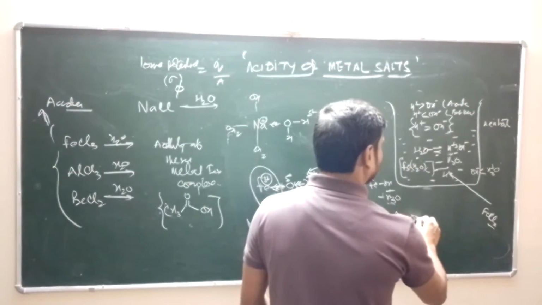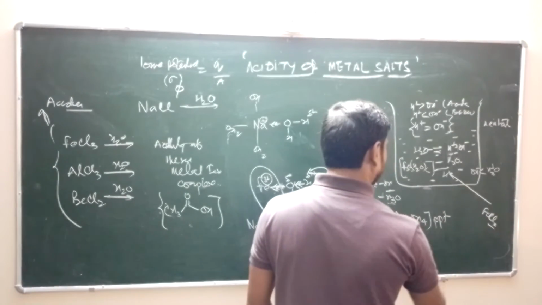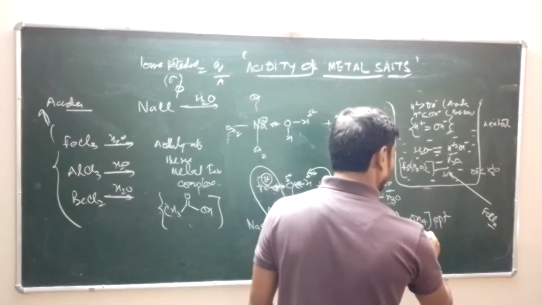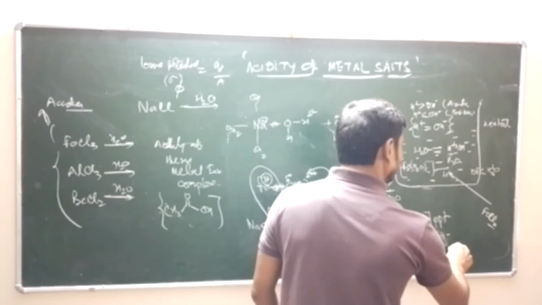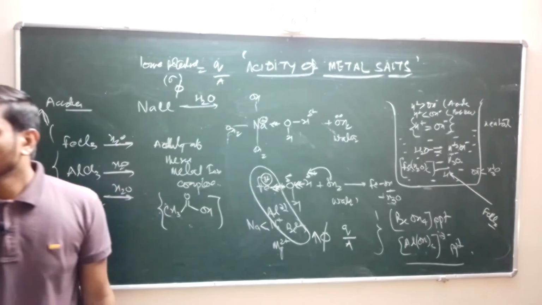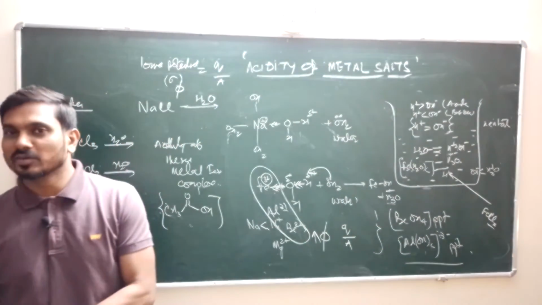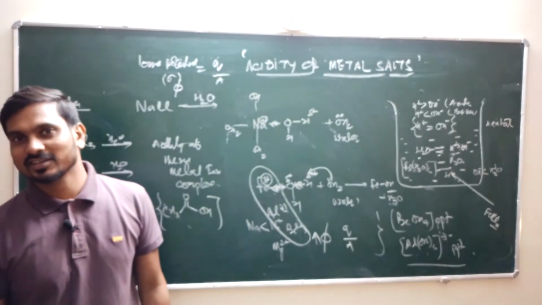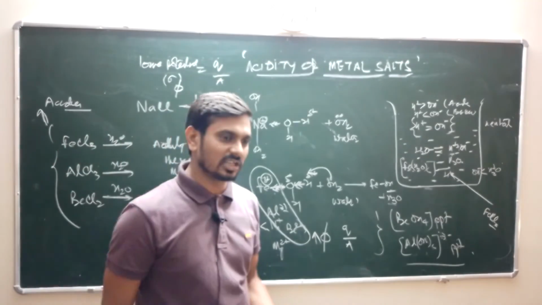You will often find precipitates of this kind, aluminum hydroxide. These things get precipitated in solution. Why does this precipitation happen? When they release all the protons and become a completely new moiety, they get precipitated because they become insoluble in the solvent. So this is how inorganic chemistry works.